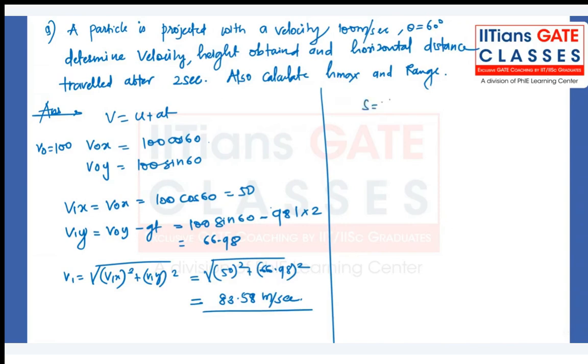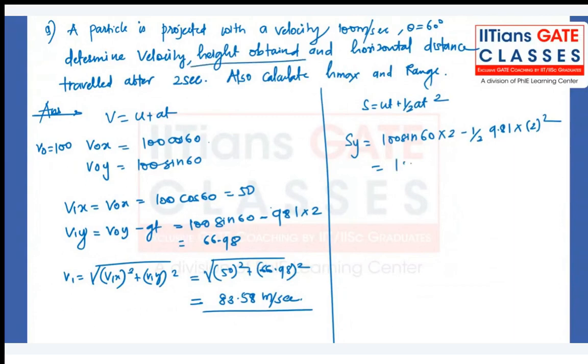Using this formula, Sy is equal to 100 sin 60 into 2 minus half of 9.81 into 2 square. This will give us the distance in the vertical direction, that is the height obtained. It will give 153.58 meters.